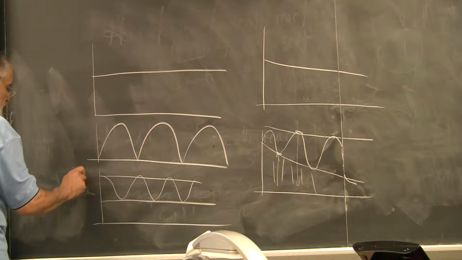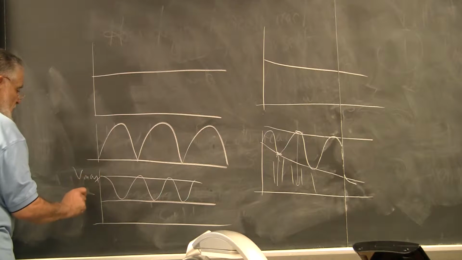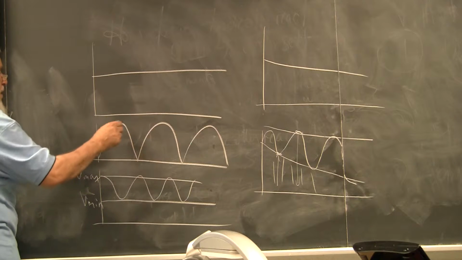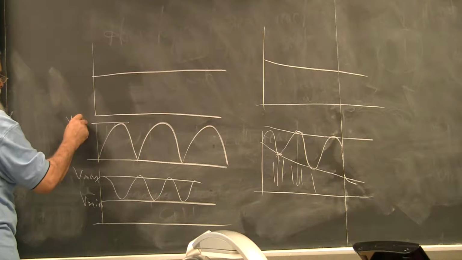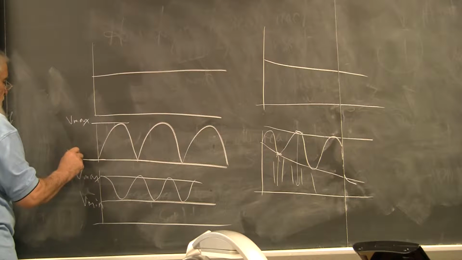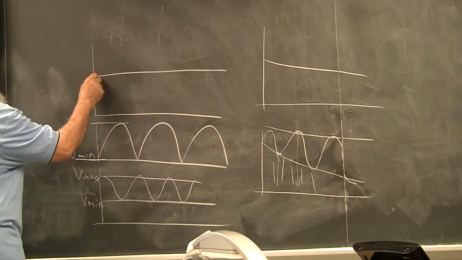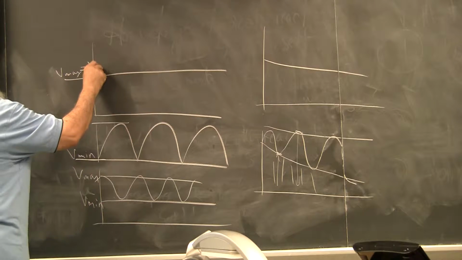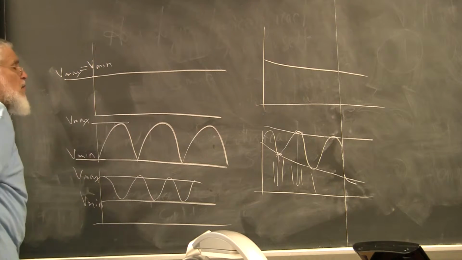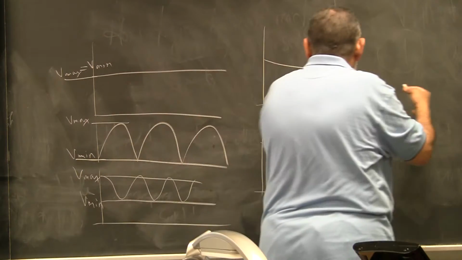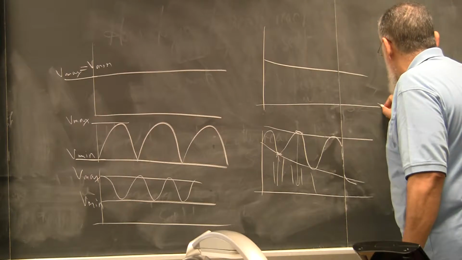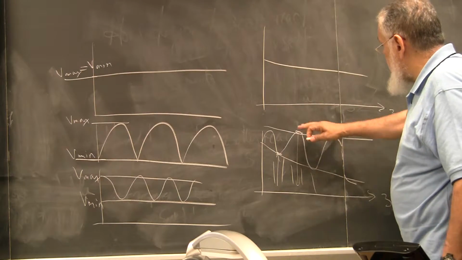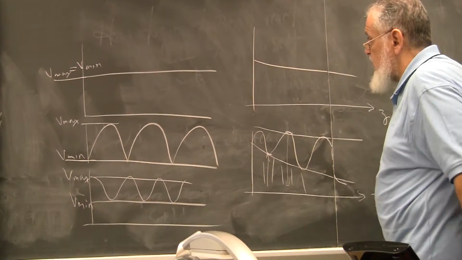So Vmax and Vmin are the same everywhere along the Z line, like the Vmax here, and Vmin is 0. Here, Vmax is equal to Vmin. It's the same thing, it doesn't change at all. Here, the amplitude is always changing down the distance of the line, that's your Z coordinate. And Vmax and Vmin are both changing here.